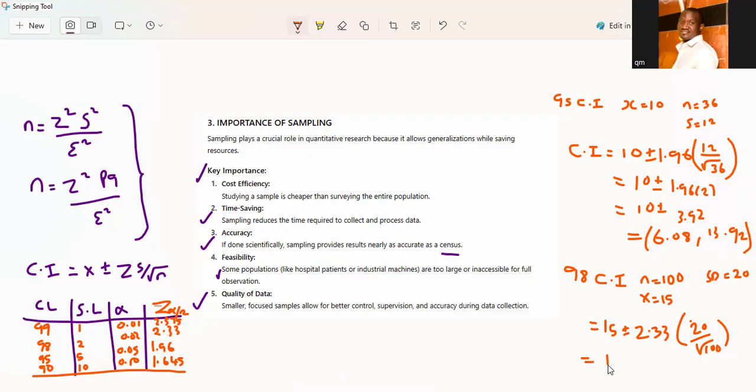So we're going to have 15 plus minus the standard error 2 times 2.33. So what do we have here? 15 plus minus 4.66. So we subtract to get the lower bound and we add to get the upper bound. Is that clear?